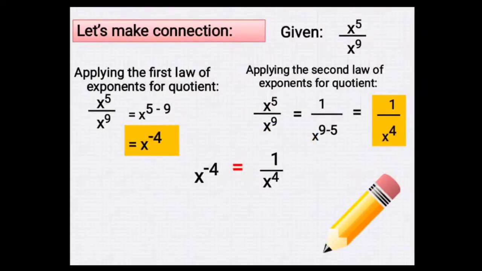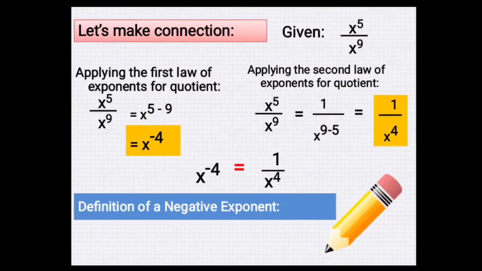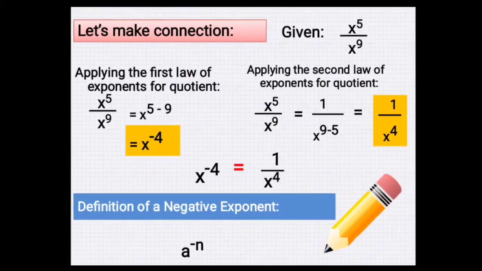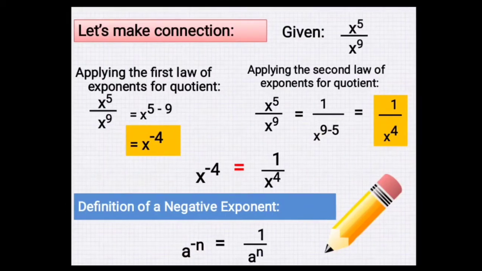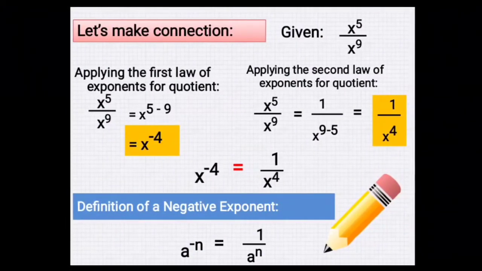How is that possible? Let's have the definition of a negative exponent. If your exponent is negative, like a raised to the negative n, what you are going to do is convert it to positive by getting the reciprocal of the base.